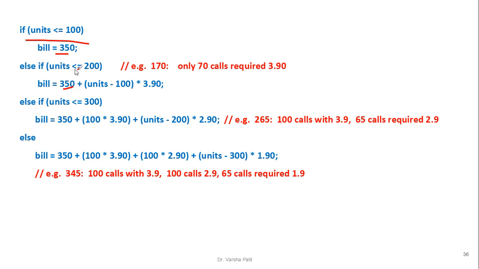So for this, for example, take 170. Now in 170, for 100 units our bill is 350. So we require to give that 3.90 only for the 70 units which exceed the 100. So bill is 350 plus units minus 100 into 3.90.